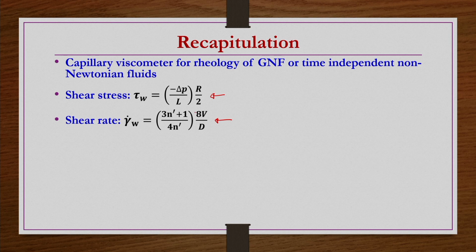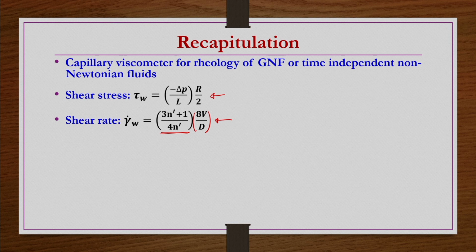This 8 v by d is the nominal or apparent shear rate for non-Newtonian fluids, and it is the true shear rate for Newtonian fluids. So to have the true shear rate for time independent non-Newtonian fluids, we need a correction factor, which is (3 n prime plus 1) by (4 n prime).